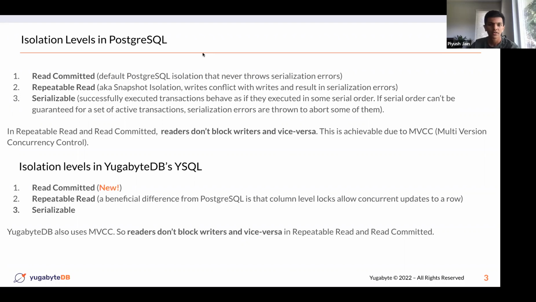Okay, I'll answer both. So Yugabyte doesn't just have to implement these isolation levels and match the semantics of Postgres. The added difficulty is that this is a distributed system, right? So when you have a distributed system, it's harder to do transactions.